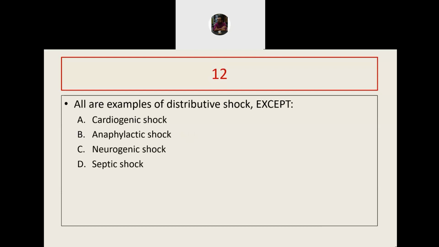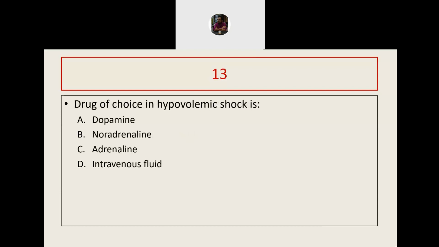Very good. The answer is A, cardiogenic shock. Drug of choice in hypovolemic shock is. Very good. Intravenous fluid.